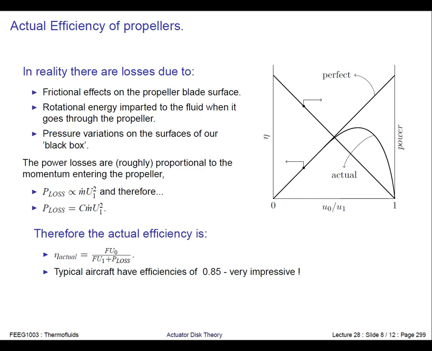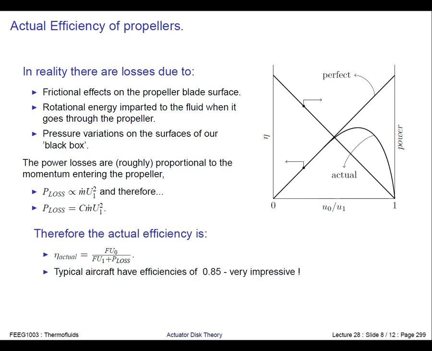And when axial or linear momentum goes through a propeller, some of that energy gets converted into rotational momentum. That rotational momentum doesn't do anything for us in terms of power transmission, so that's lost energy that we have to treat as a loss.